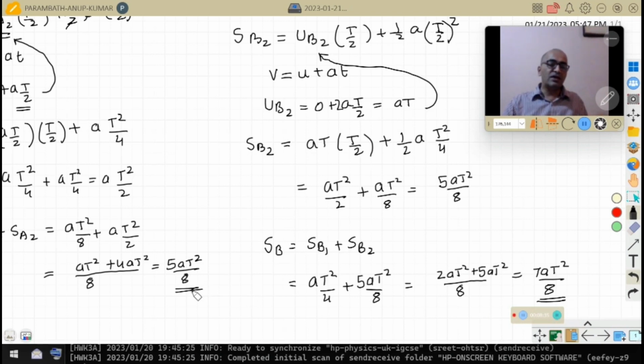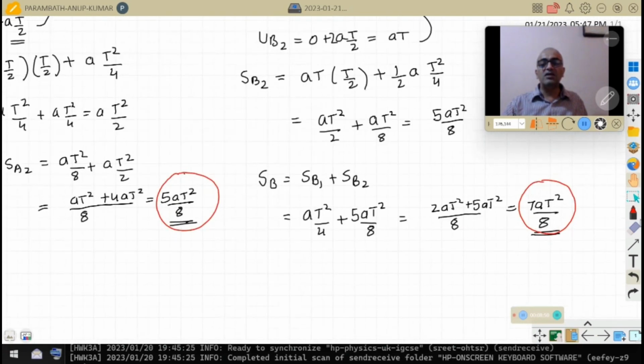Now you can very well see, comparing this value, that is A's displacement during the time period t and B's displacement during the time period t, shows that B will cover larger distance, that is SB is more than SA. I hope it was clear to you, students.